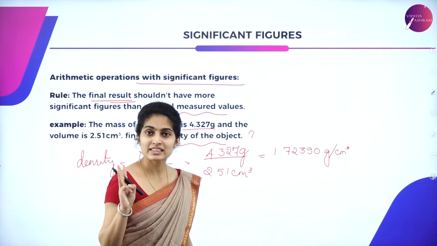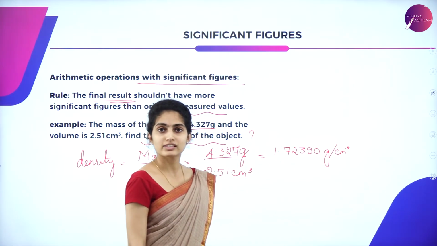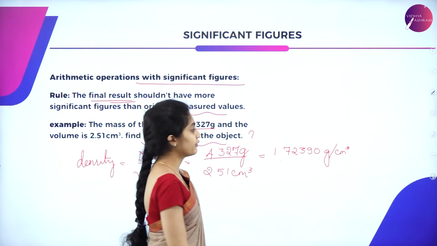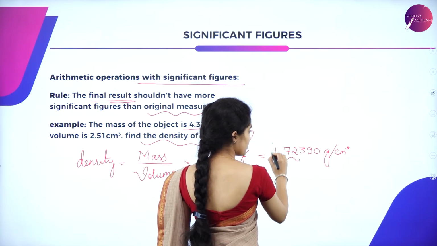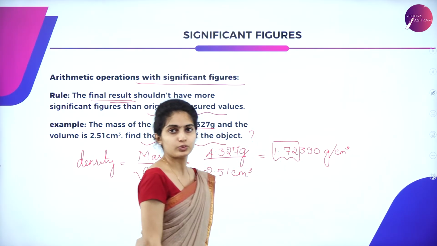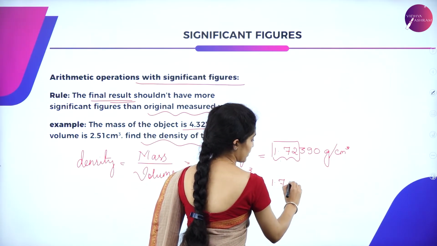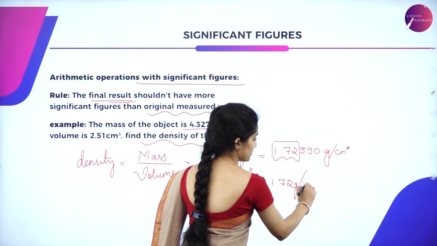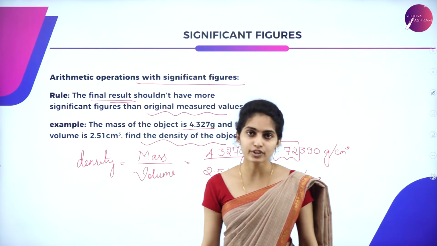So there are how many significant figures? 3 significant figures. So round off this result to 3 significant figures, that is 1, 2, 3: 1.72. Okay, so I can write my final result as 1.72 grams per centimeter cube. So this is how it goes.